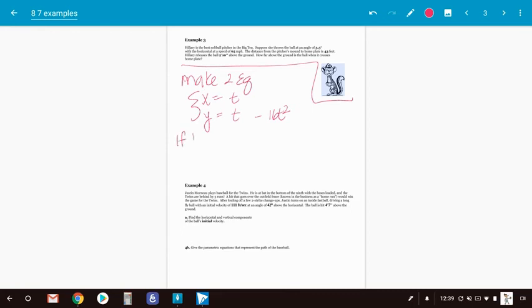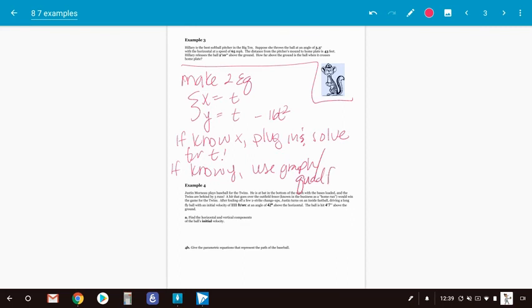If you know x, plug in and solve for t, and then use that. If you know y, use the graph or quadratic formula to solve for t and plug in. So those are kind of like my short notes of what you do every time.